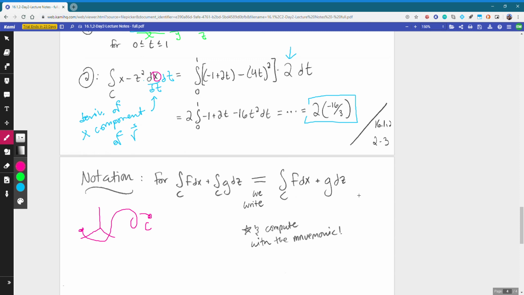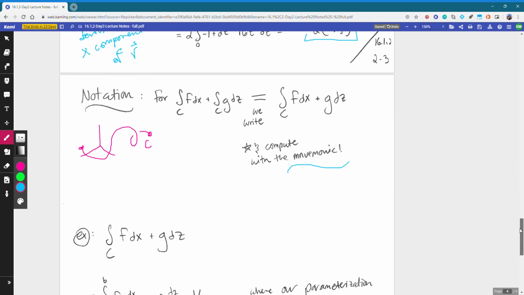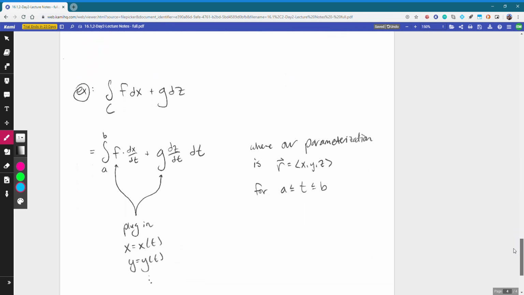And what's nice is that even this notational shorthand way of writing this line integral works beautifully with our mnemonic. All right, so once again, the mnemonic shows us how this translates. Let me just show how that looks. The mnemonic is to multiply by 1 over dt, and we're multiplying this whole thing by that.